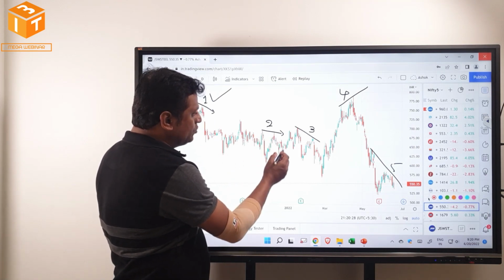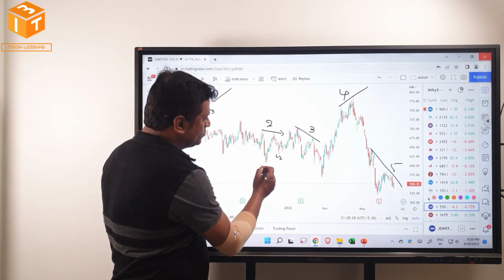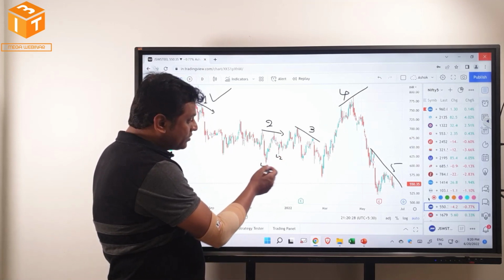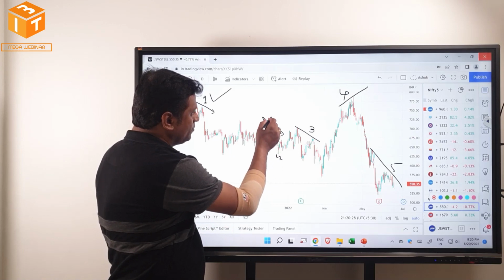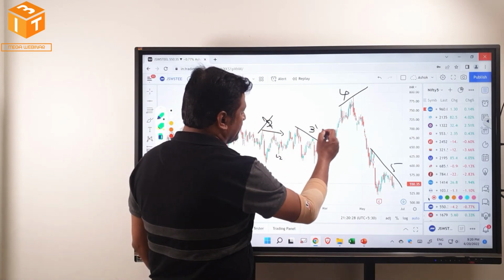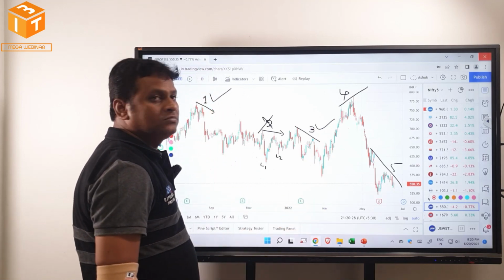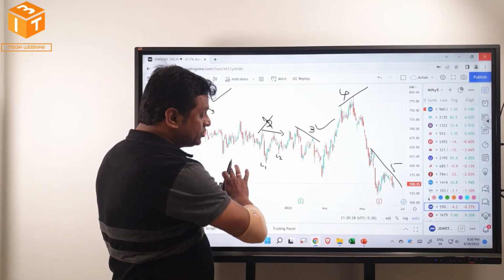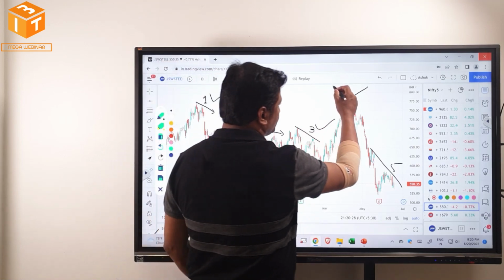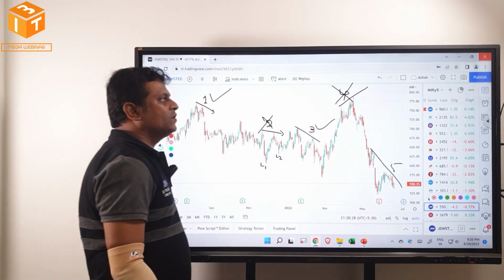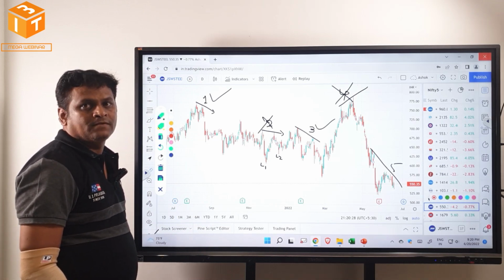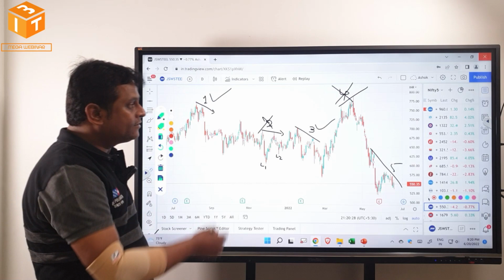Look at this. H1 is greater than H2, but what about L2? L2 is not lower than L1. So this is not a good trend line. Check out 3. It's a beautiful example. H1 is greater than H2, L1 is greater than L2. Look at 4. Why is it not a good trend line? Because your L2 is greater.